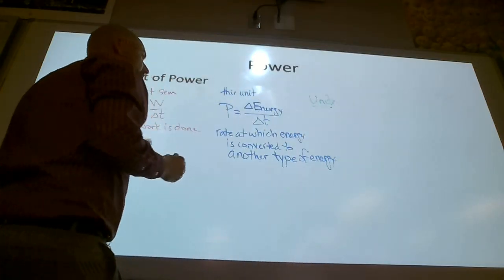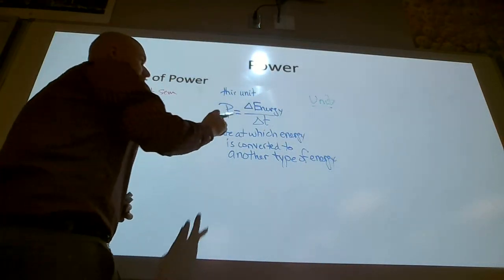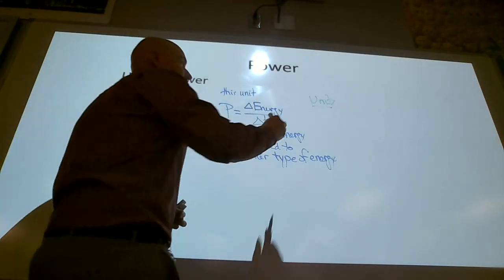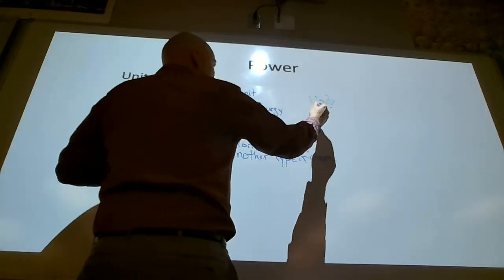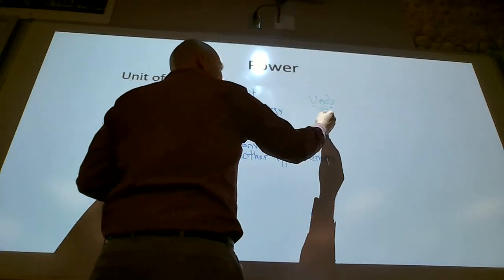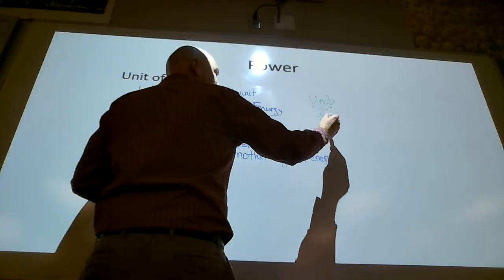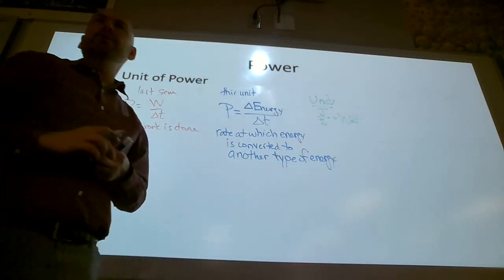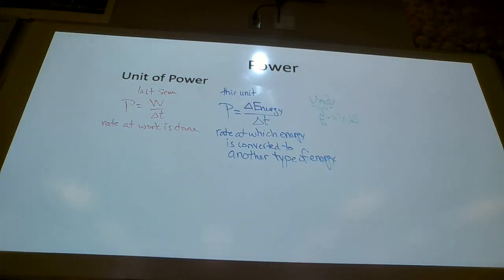What's the unit for work? Nope. Good guess. What's the unit for energy? Joules. Work and energy are both in joules, over time in seconds. Joules per second is equal to a watt.